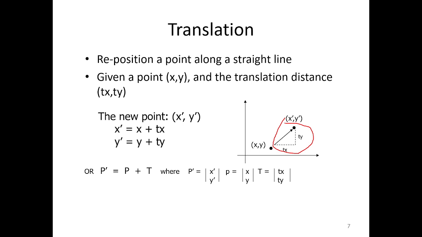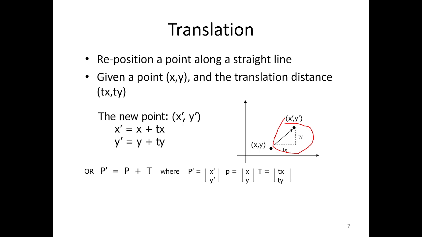That means we can change the position of the object and calculate the new points, x dash equals x plus tx and y dash equals y plus ty, or use the formula p dash equals p plus t.